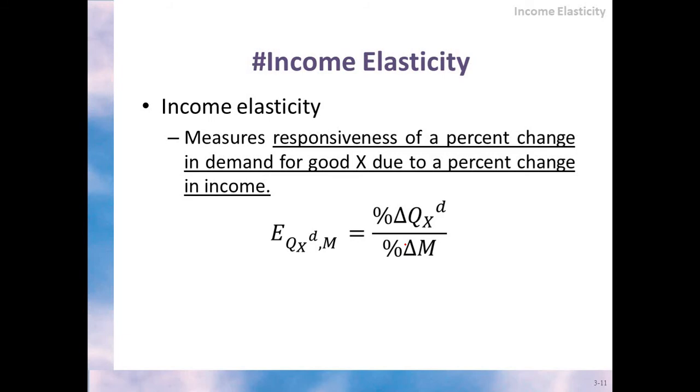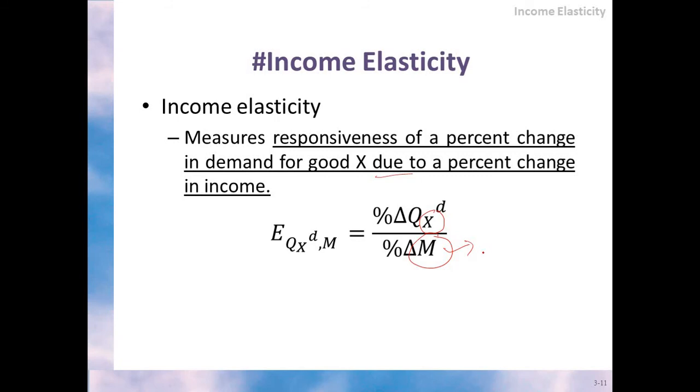The next one is income elasticity. Income elasticity measures the responsiveness of the percentage change in demand for good X. We're still talking about good X, but this time it is due to the percentage change in income. So what we change is basically the denominator.